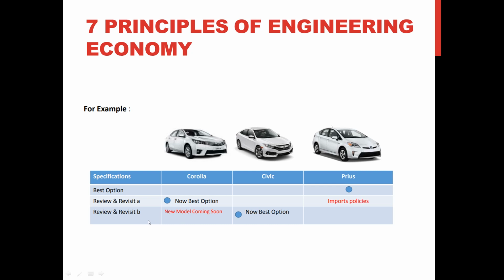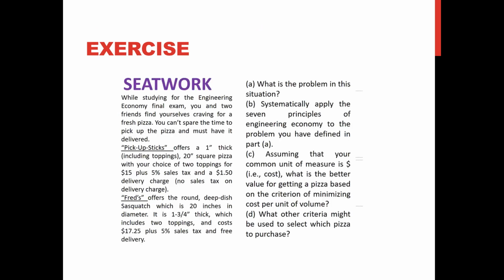And then review and revisit B if we have option B to be that was selected, no? So under Corolla, you must have to consider also the new model coming soon. Under Prius, we have to consider also the import policies. So those are the examples.